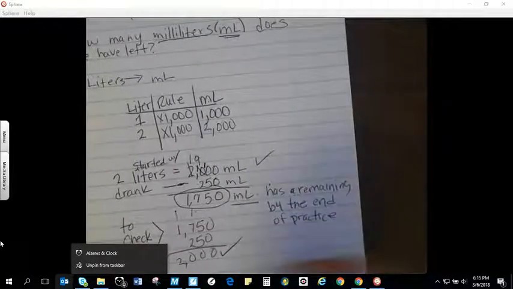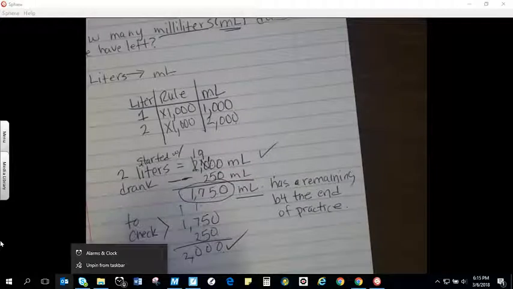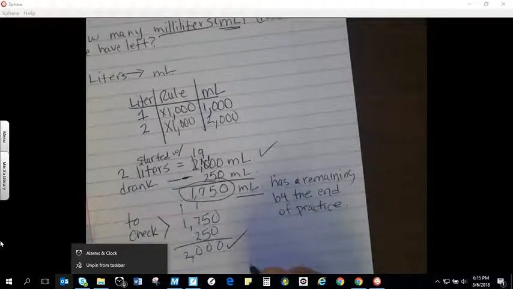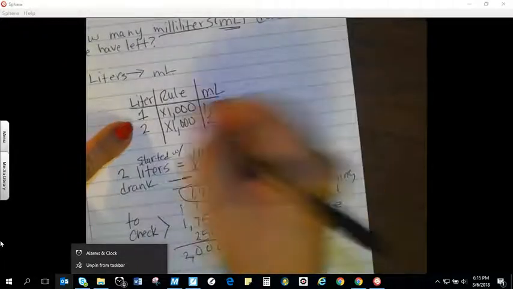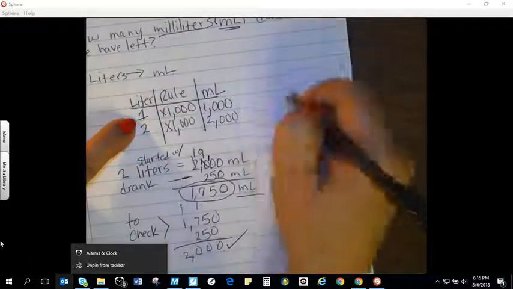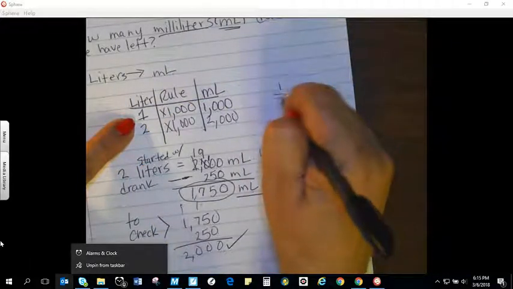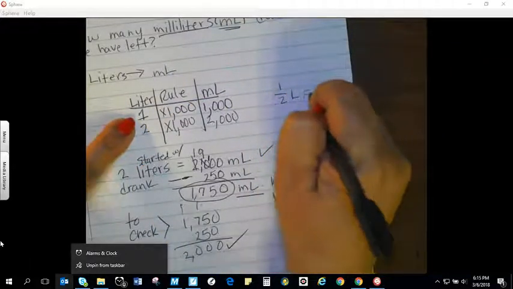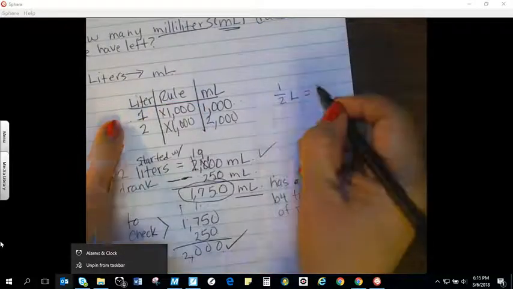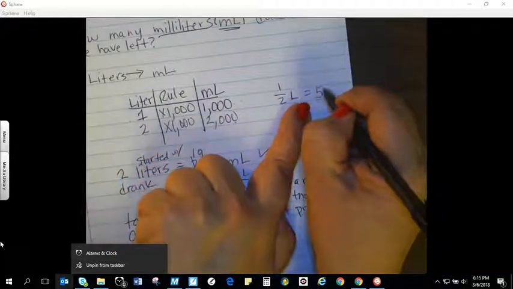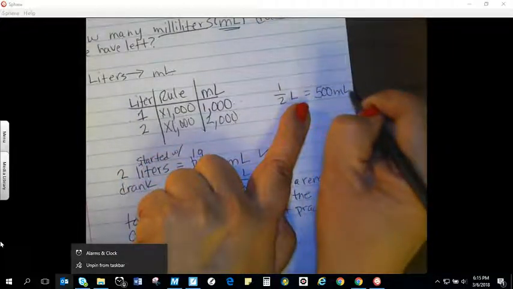Okay, so he has 1,750. And again, I said that 1 liter is equal to 1,000. Well, if I took half a liter, it will then be equal to, I have to take half of this. If I took half of here, I need to take half of here, so that makes it 500 milliliters. So do you see how it is?